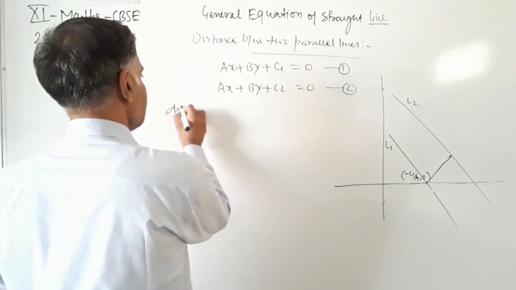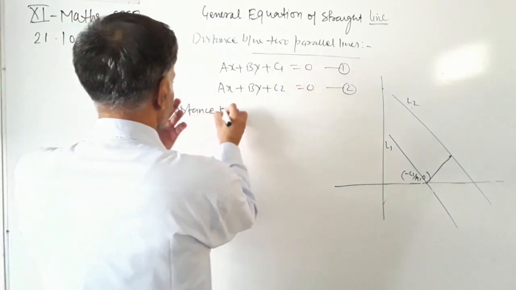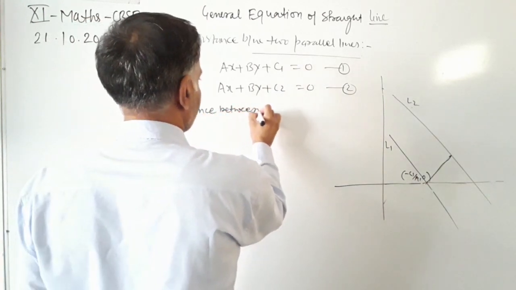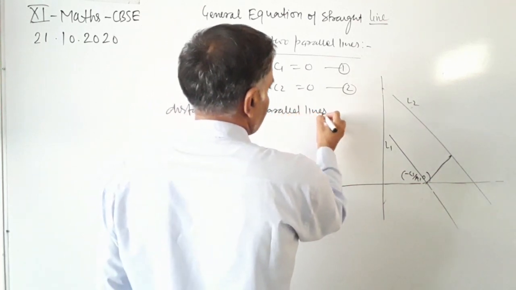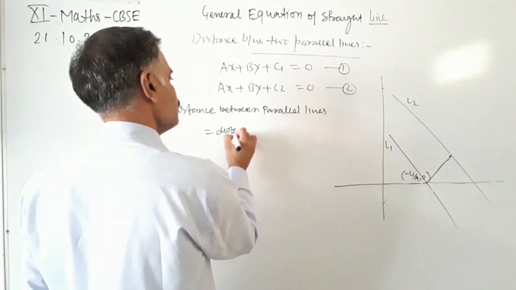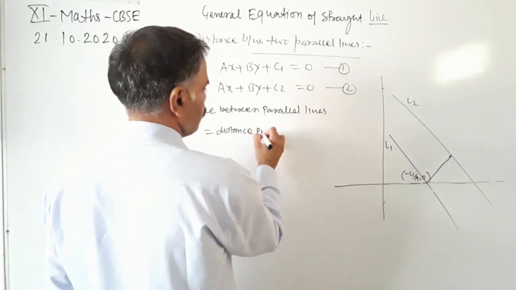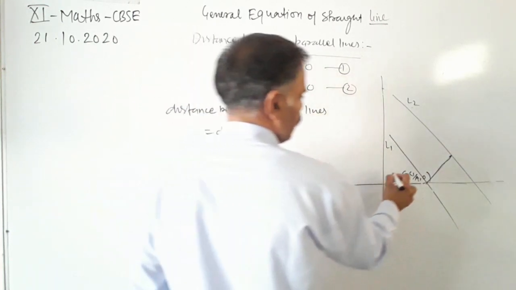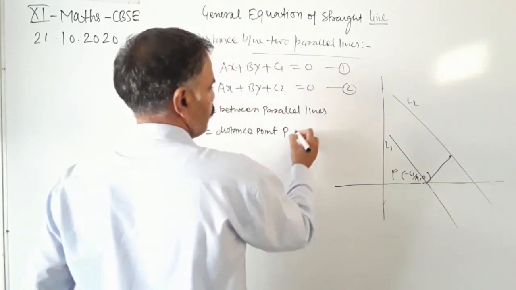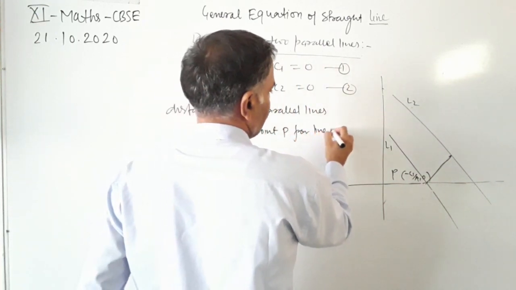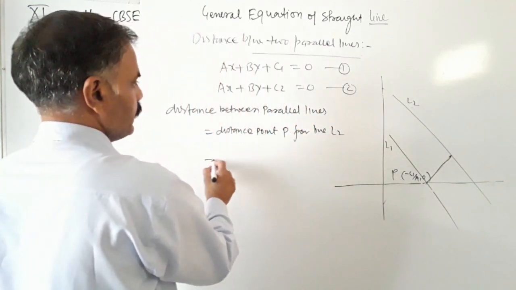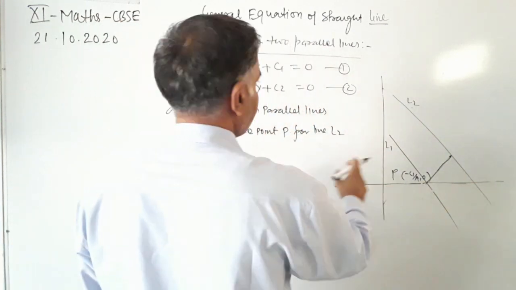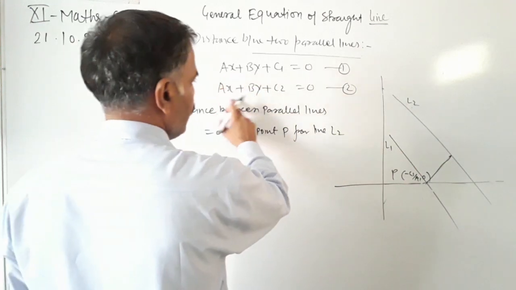Now the distance between parallel lines is equal to the distance of the point, let's suppose this point is P, from line L2. The point is minus c1 upon a, 0.